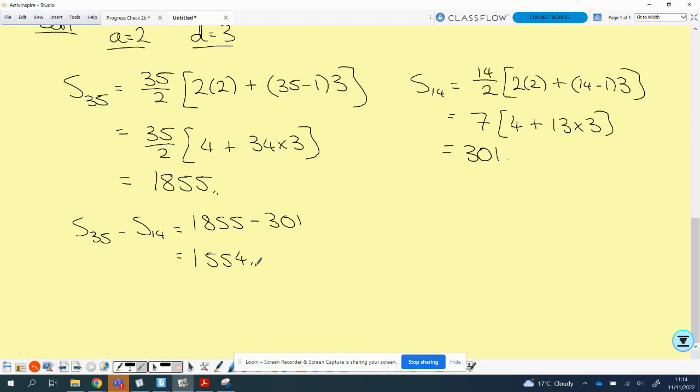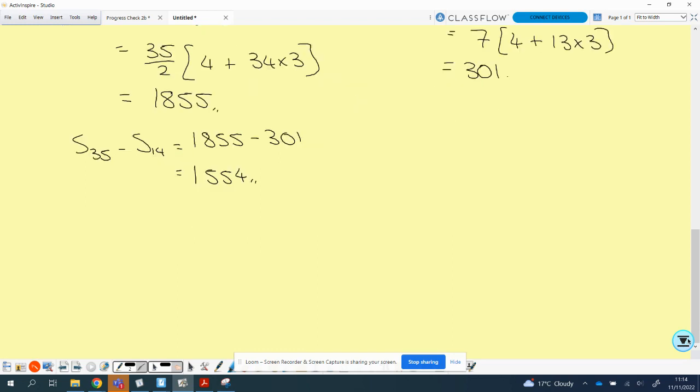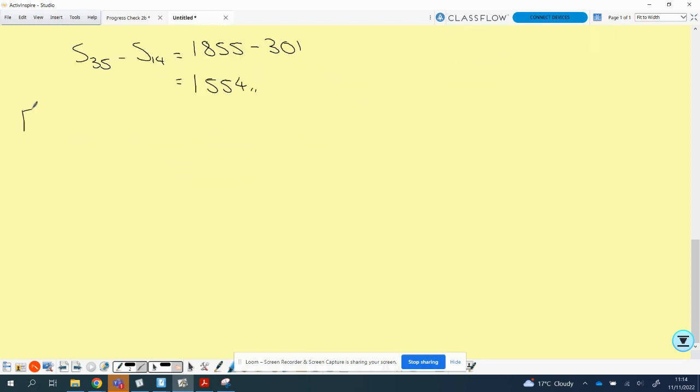Okay, so that's just using the formula. Let's look at a second example where we're asked a little bit more. Example 2.